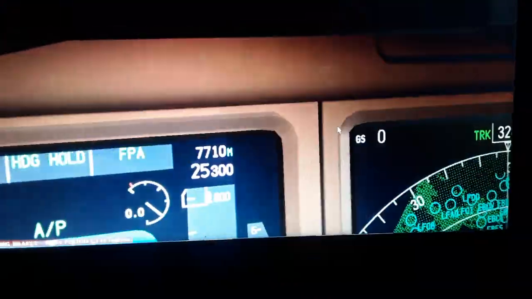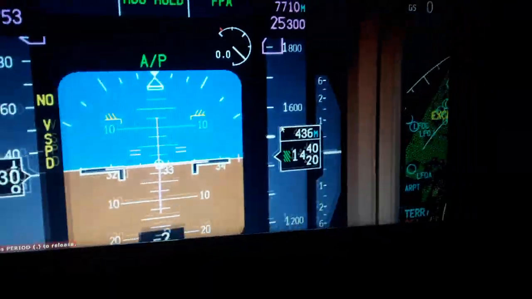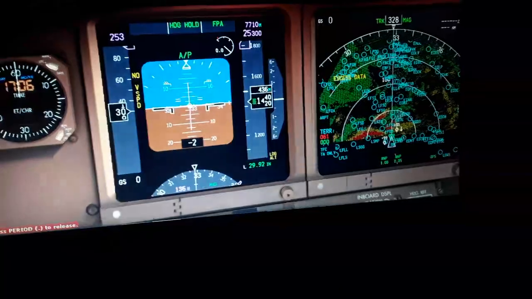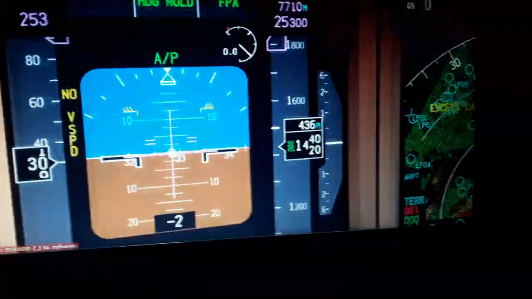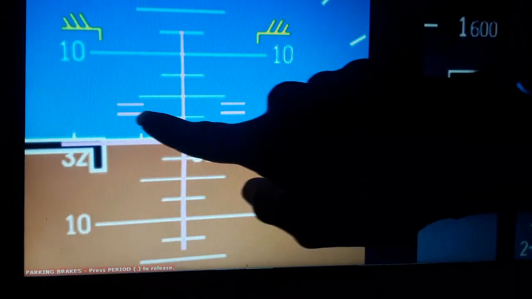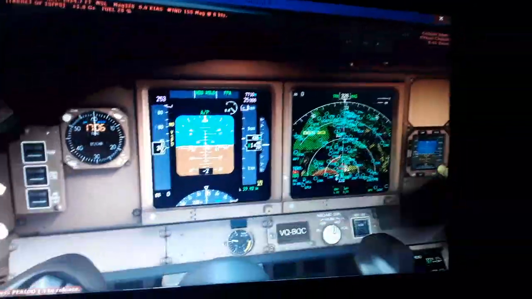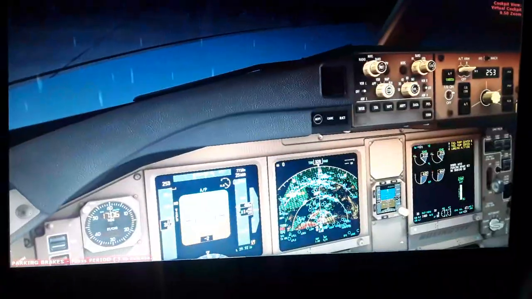So we'll have to climb like this with these indications, and the climb is going to be like this, plus you will see the plus 3.5 degrees, the purple indications for the climb rate of the aircraft.